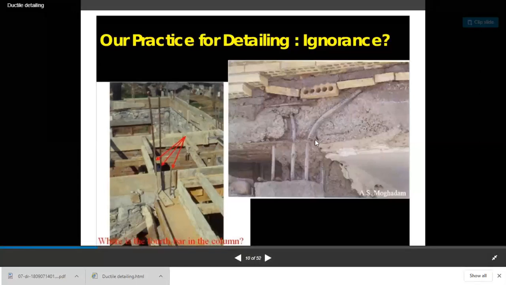In the second picture again we will see that the bars are open from this cross sectional area, some smaller, some bigger bars open in the air.